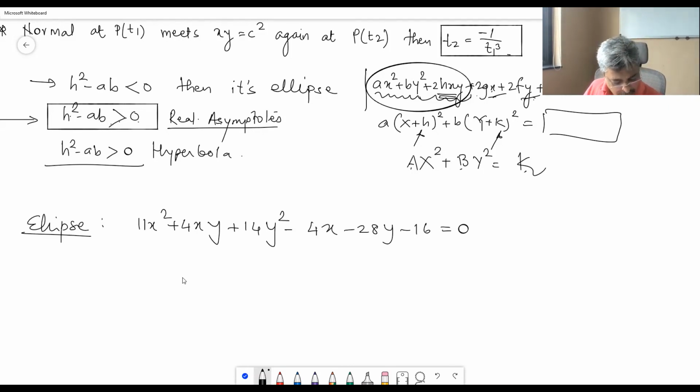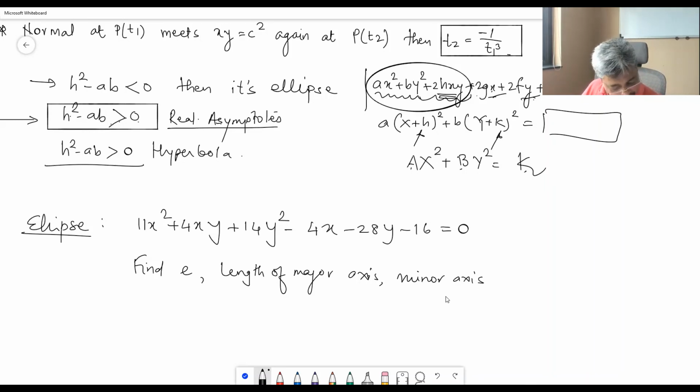What I want you to do is find the eccentricity, the length of the major axis, the minor axis, the equation of the major axis, and the equation of the minor axis.